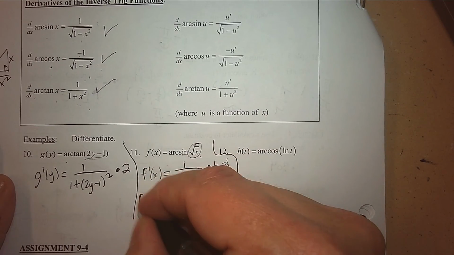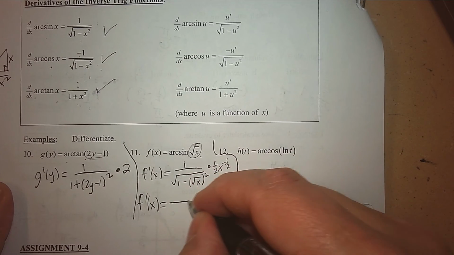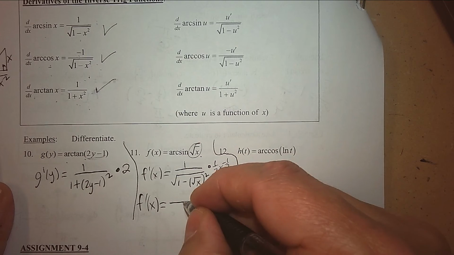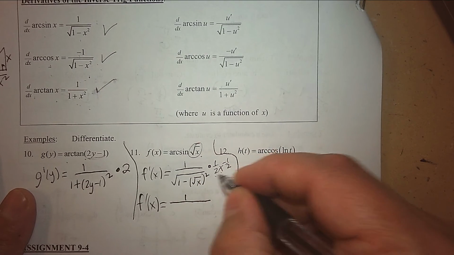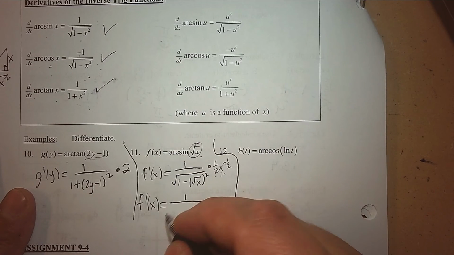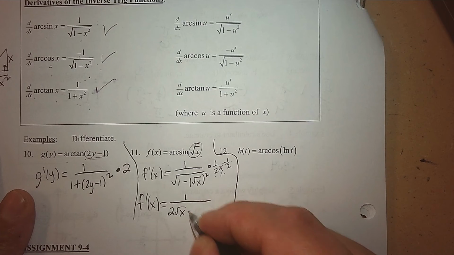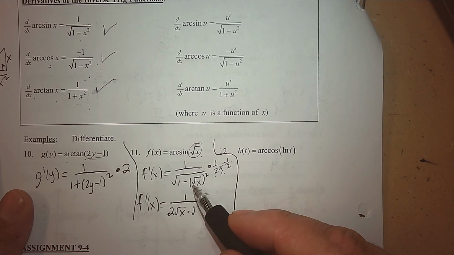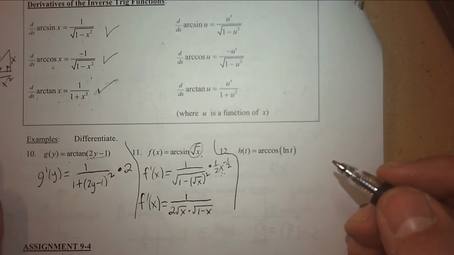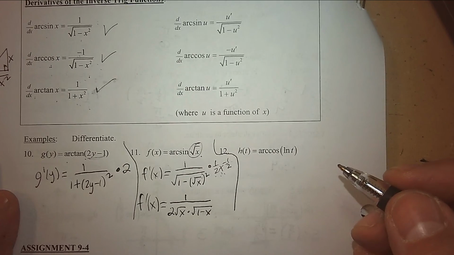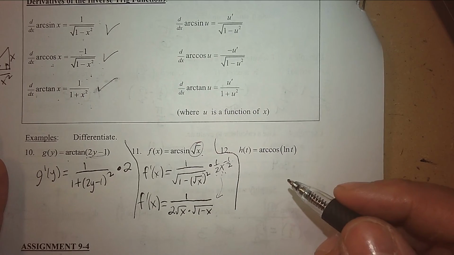And yes, you could write it a little simpler if you wanted to. You could have a 1 on top. We have the 2 in front of the x to the negative half, so you have a 2. X to the negative half is root x, times, and the square root and the square undo each other, so it's just 1 minus x. Unnecessary. But you could see that you could write it that way.